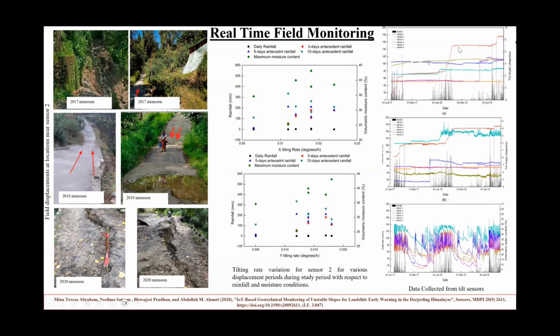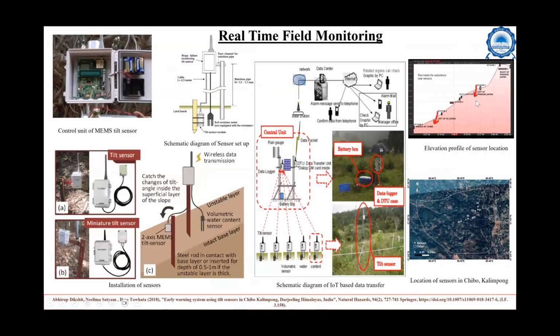You can see the red line, sensor 2, and the purple one, sensor 3. They had a huge change in ground deformation, whereas the other 4 sensors didn't have that much. That's why in this figure you can see this subsidence region along the slope. Those correspond to these 2 sensors only.